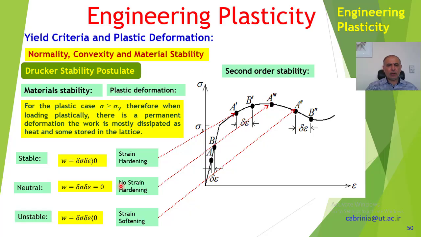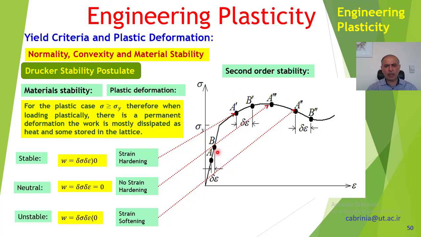So here we have a neutral point, which is no strain hardening, and from this point onwards the material softens. In other words, sigma decreases as we have more plastic deformation. So we have a decrease in sigma, and this is negative. So that's strain softening. Okay, so that's how we apply the Drucker stability postulate to the material.